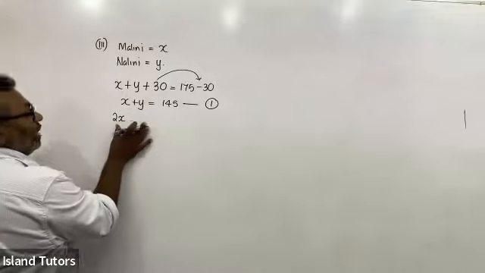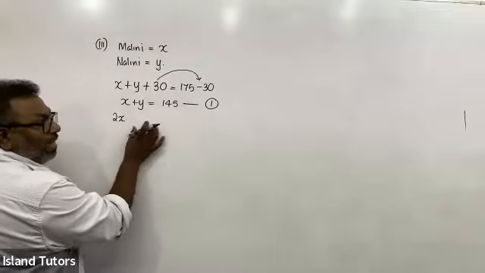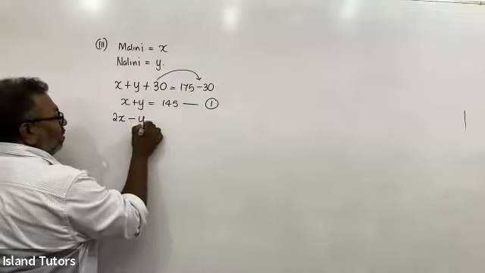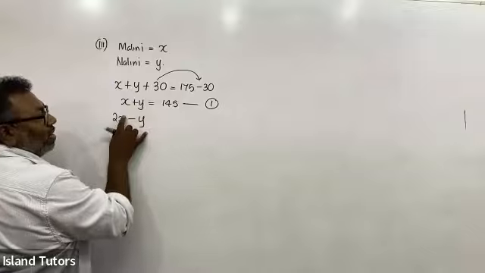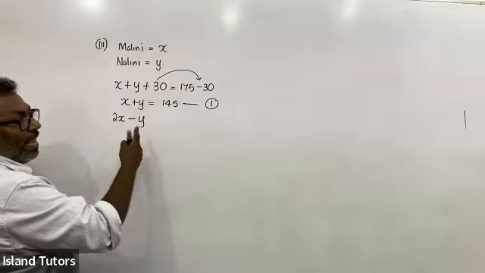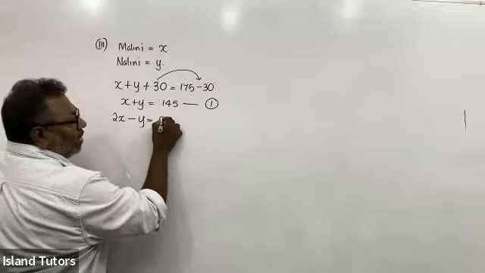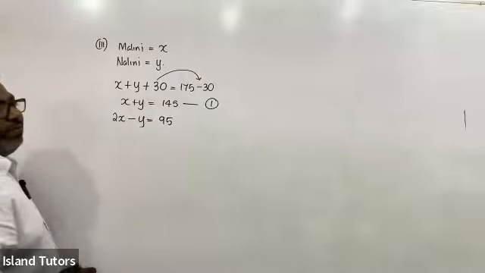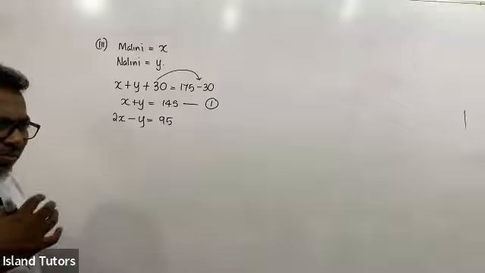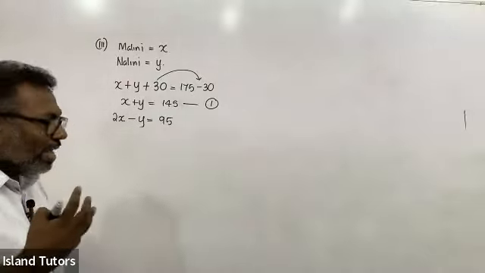So you need to find the difference between Malini and Nalini. So Nalini has got y, and 2x is 2 times what Malini has. The difference is equal to 95 rupees. So this is how you need to interpret the equation very carefully.